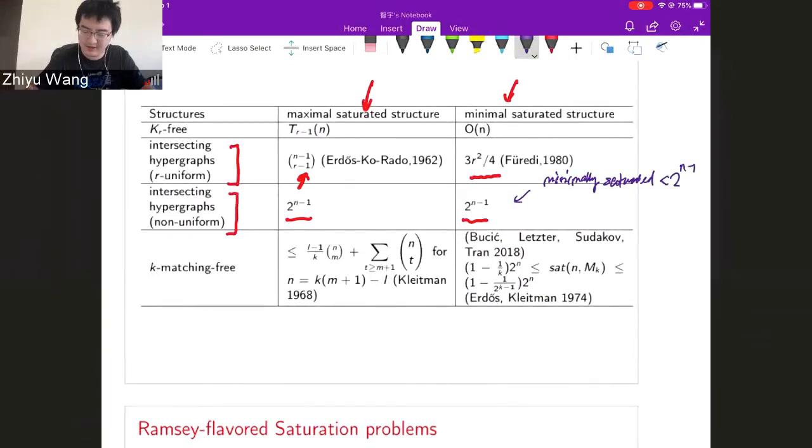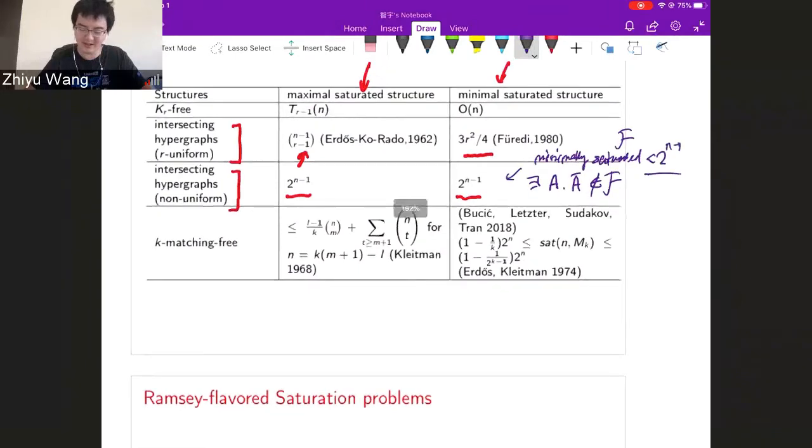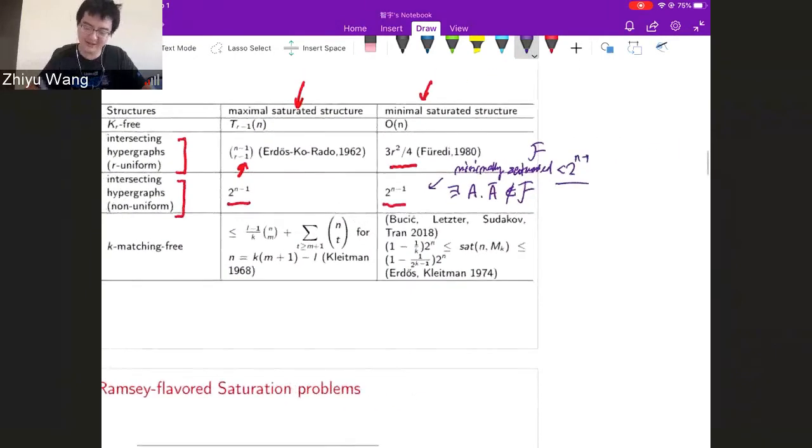Then, because it's less than half, there exists some set A such that both A and A bar are not inside F. Well, it's saturated, so why can't we add A into it? But why can we not add A into the set?